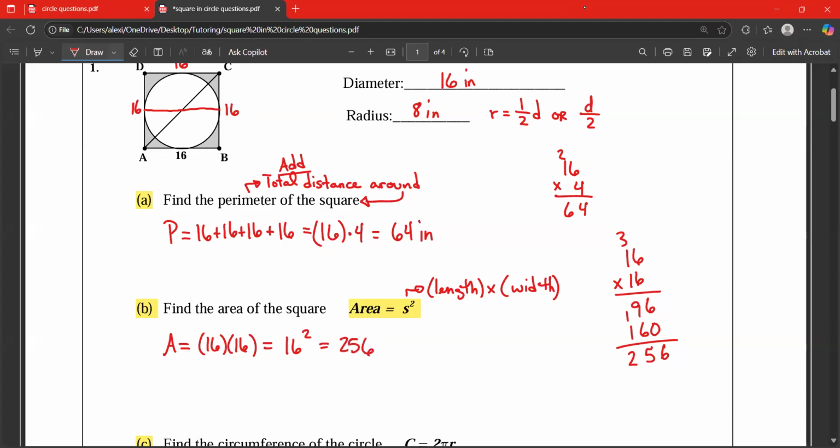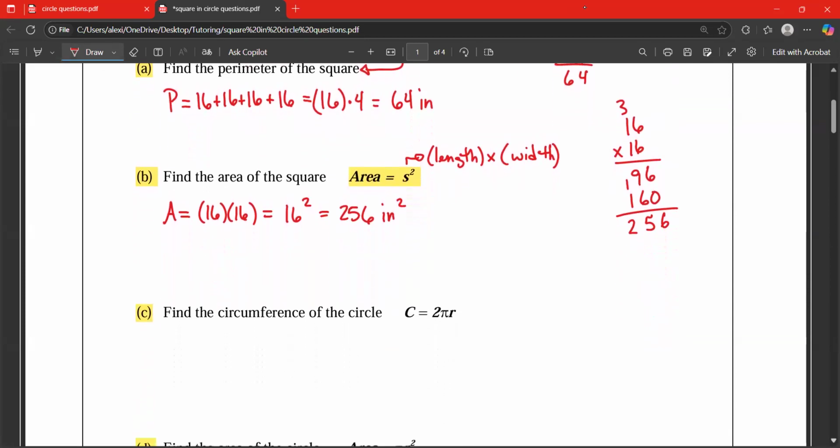Now remember, this was 16 inches times 16 inches, and when we're multiplying inch times inch, it becomes inches squared. All right, so the perimeter of the square is 64 inches. The area of the square is 256 inches squared. Let's keep going.